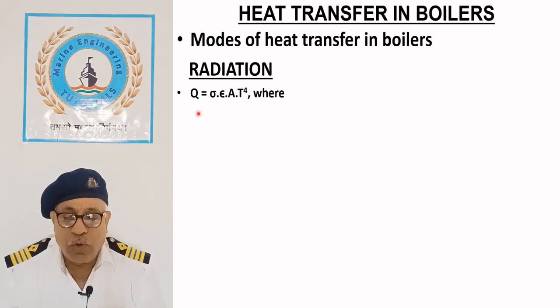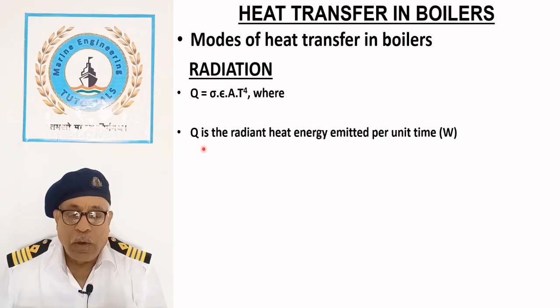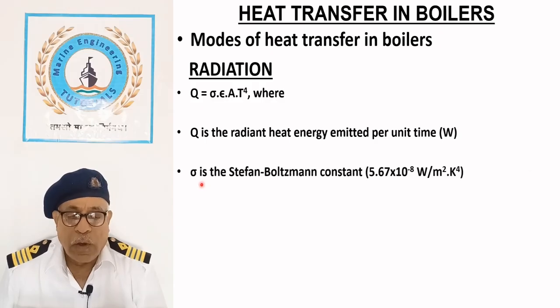Mathematically, Q is equal to sigma epsilon A T to the power 4, where Q is the radiant heat energy emitted per unit time in watts. Sigma is the Stefan-Boltzmann constant, whose value is 5.67 times 10 to the power minus 8 watt per meter square Kelvin to the power 4.